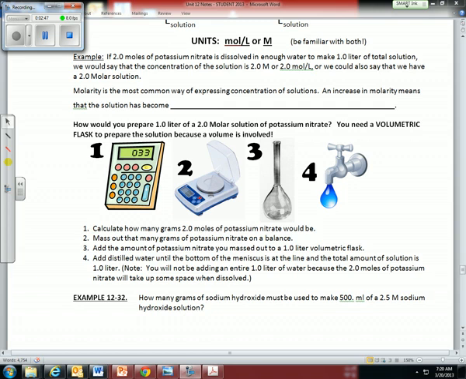Now, to actually physically do this, the first thing I would have to do is use my calculator, because there are no scales that measure in moles. So I have to calculate out the number of grams of solute I need.